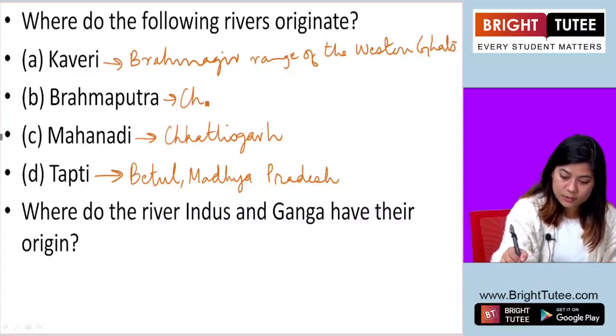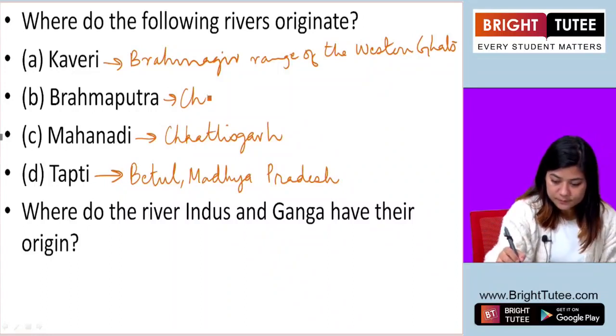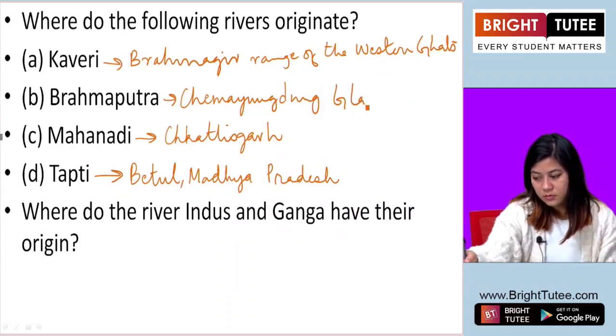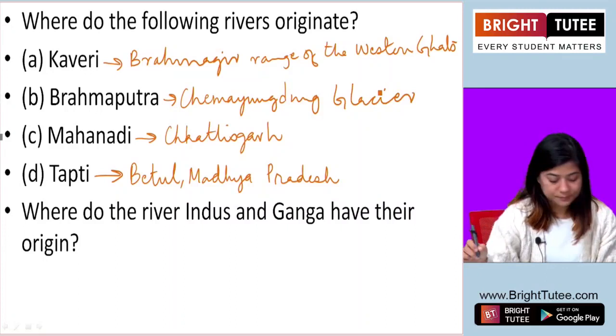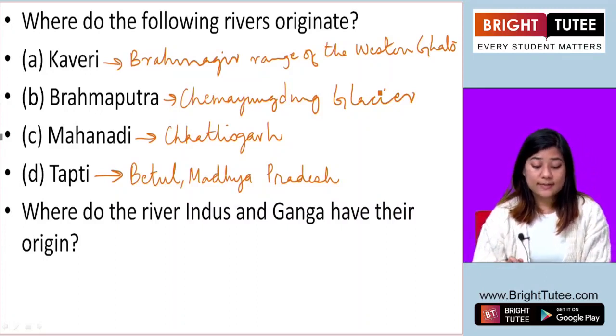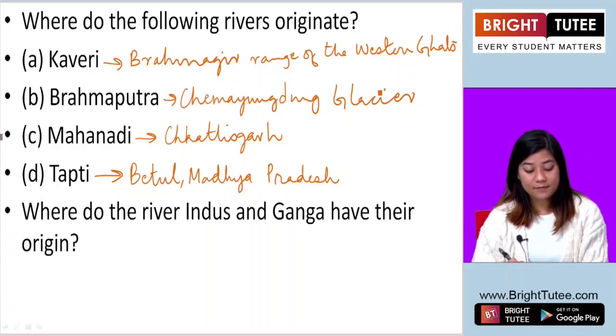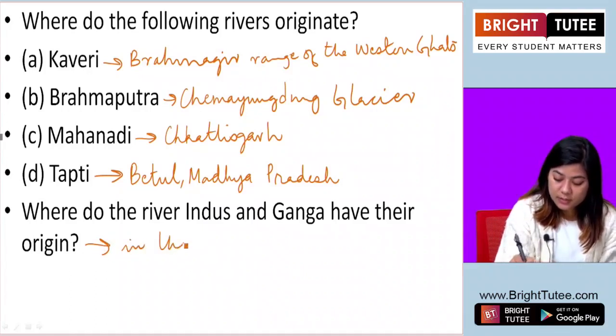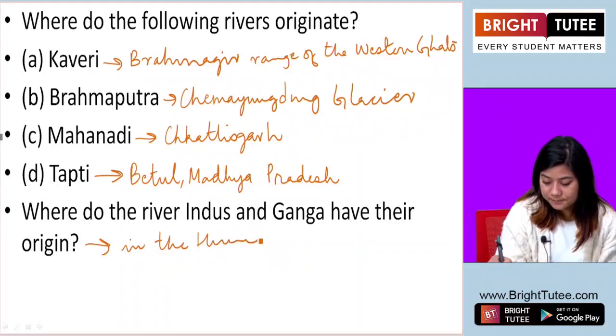And the Brahmaputra source is called Chemayung Dung Glacier. Okay. And the next question is, where do the river Indus and Ganga have their origin? They both have their origin in the Himalayas.